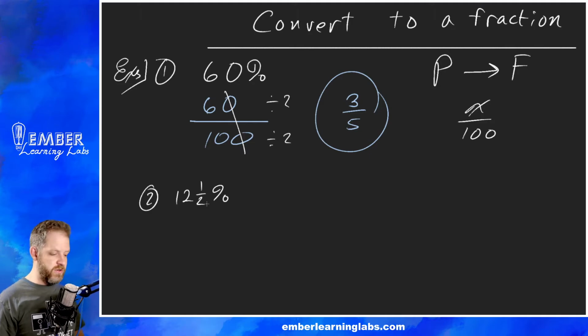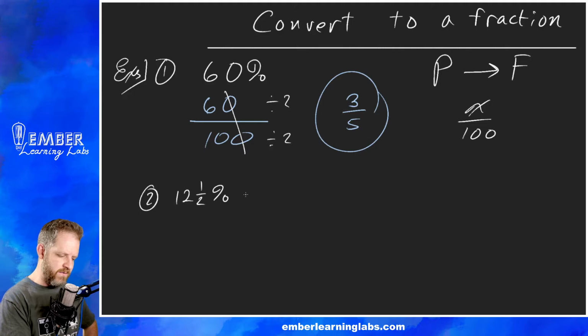I'm going to start by converting 12.5 to a decimal, because our next step is going to be easier if it's a decimal. That's rarely true. You won't hear me say that very often. A lot of arithmetic that you do by hand is easier with fractions than it is with decimals. But we're going to do 12.5 divided by 100.